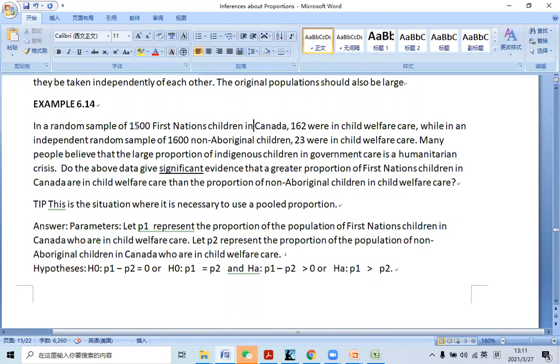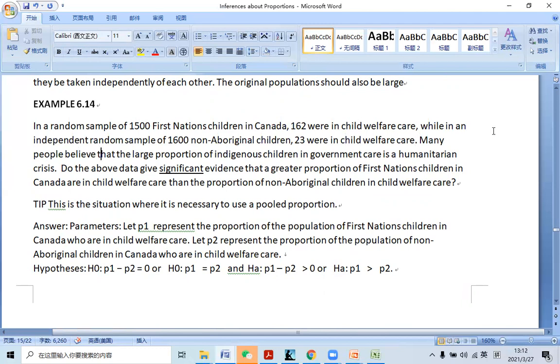You have a sample of 1,500 First Nation kids in Canada. 162 were in child welfare care. And in an independent random sample of 1,600 non-Aboriginal kids, only 23 were in child welfare care.